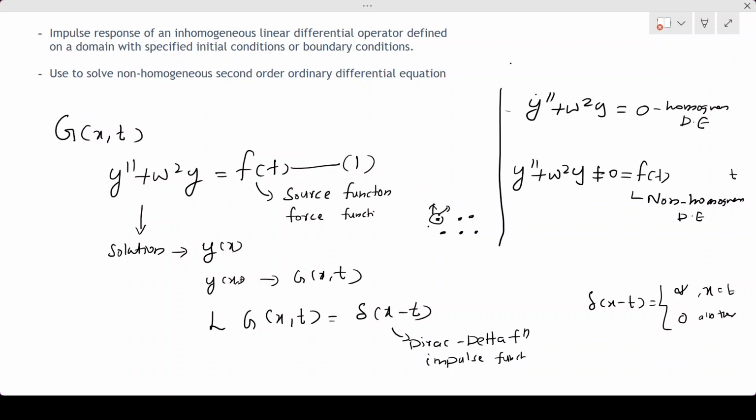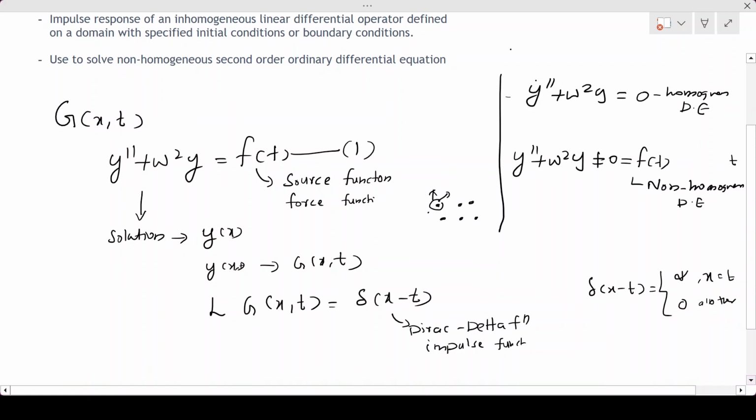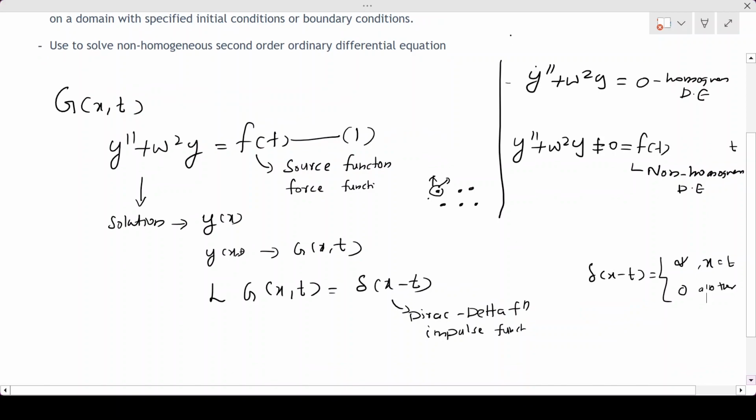This is an impulse function. Impulse function means that all of a sudden you apply a force, and corresponding to that force you get a sudden impulse or current response, which we can represent as a Dirac delta function. The details of the Dirac delta function you have already covered in your mathematical physics 1 course, so I am not going into much detail on that.